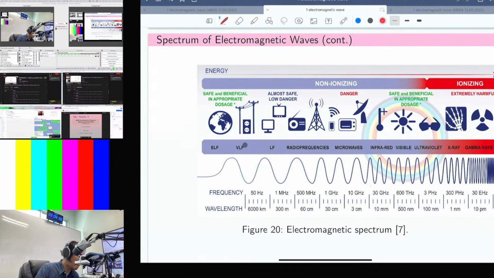Here you can see this electromagnetic wave can be emitted from the electrical socket at your home, and there will also be some electromagnetic wave induced from the transmission lines on the transmission towers.